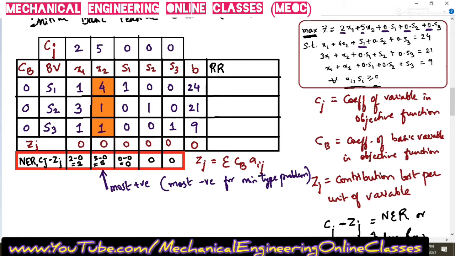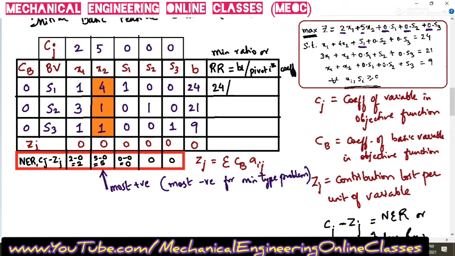This is found as the ratio of Bi divided by the pivot column's ith coefficient. The minimum ratio must be found for all 3 basic variables, S1, S2 and S3. For S1 we take B1, which is 24, divided by the pivot column's ith coefficient.